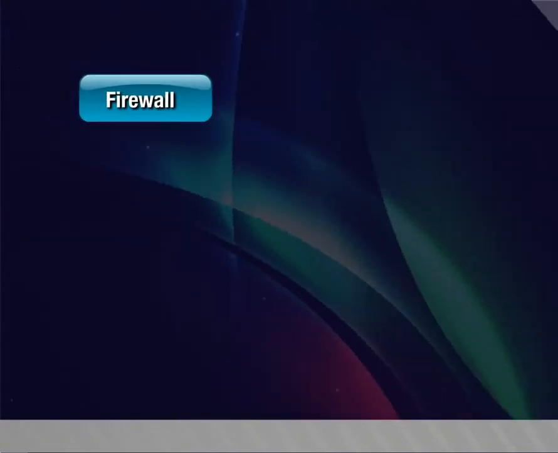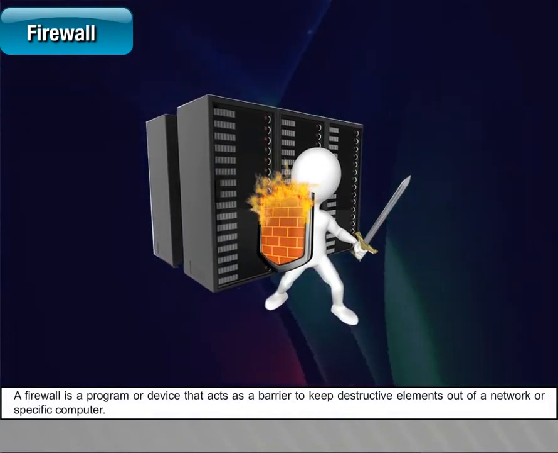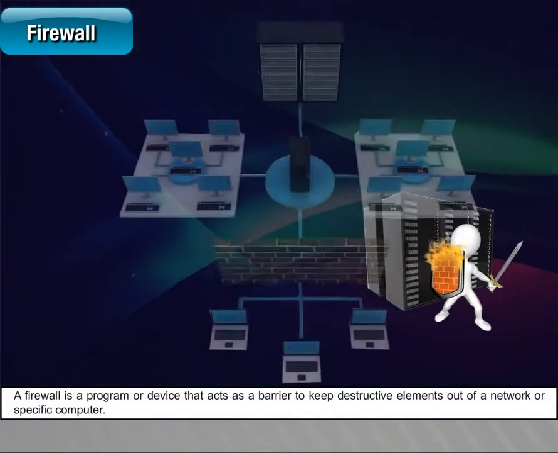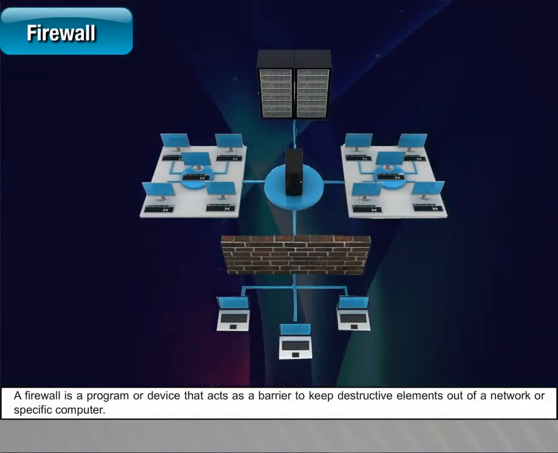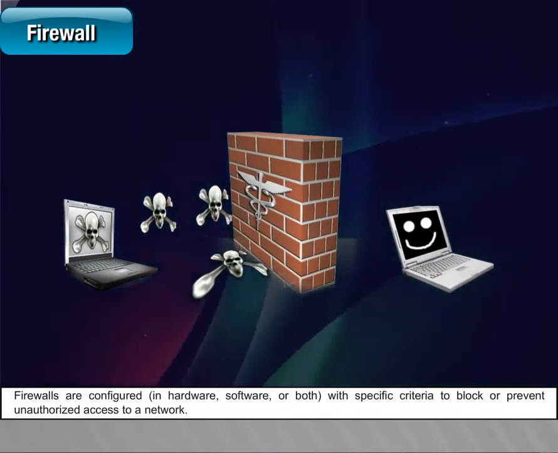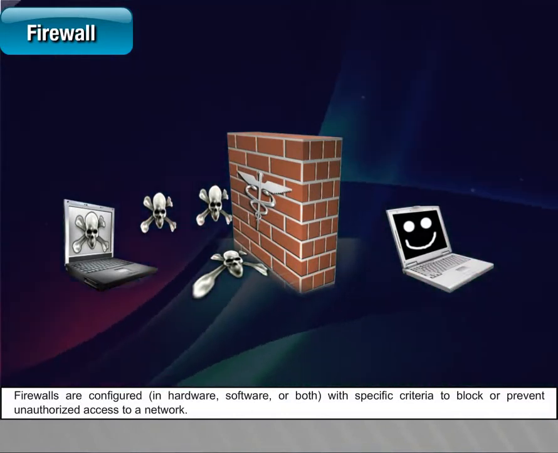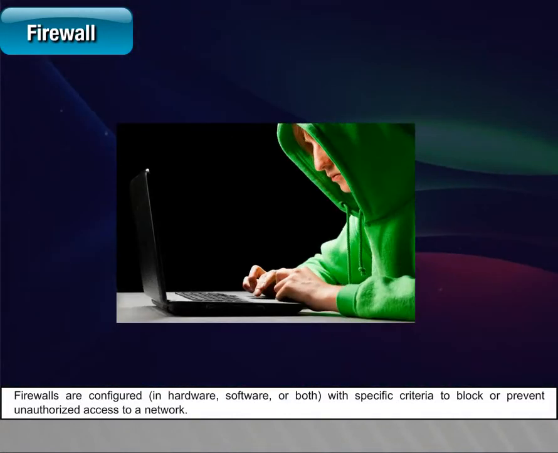Firewall. A firewall is a program or device that acts as a barrier to keep destructive elements out of a network or specific computer. Firewalls are configured, that is in hardware, software, or both, with specific criteria to block or prevent unauthorized access to a network.